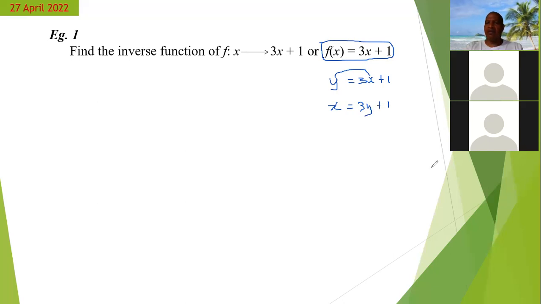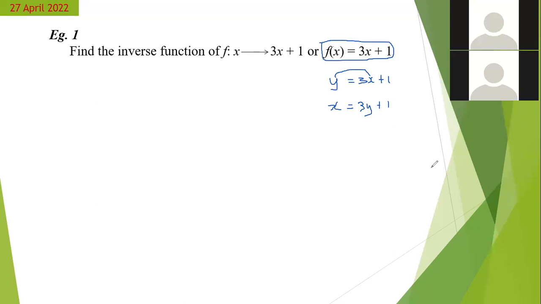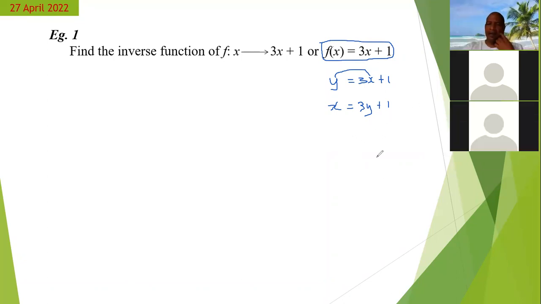All right. Now, after we have made that interchange, our next step is to do what? Let me find out from somebody else. Dorothy, what is our next step? We're going to transpose the formula, making y the subject. Good. In order to do that, remember, we treat it like how we're solving an equation. We keep the y term on one side of the equation and everything else on the other side.